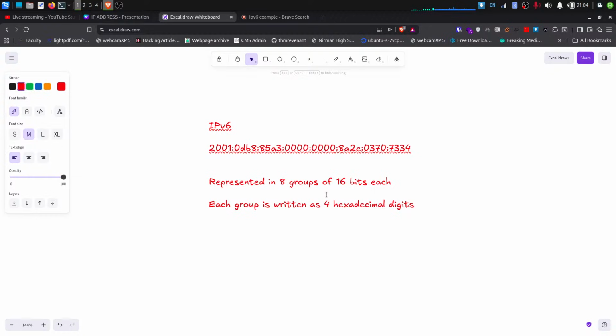And this IPv6 is quite huge. It is very, very huge, literally an unlimited number of addresses, right? No classes defined.